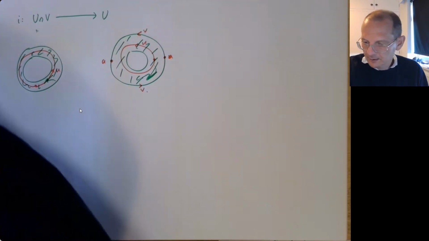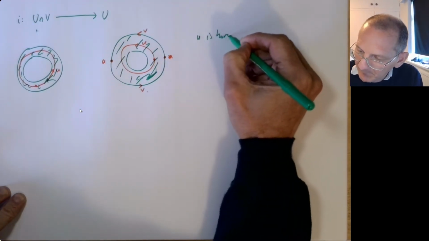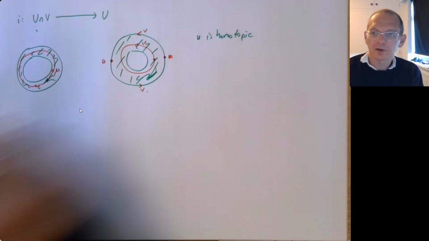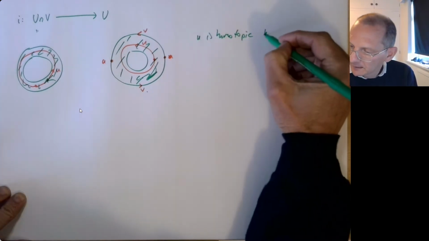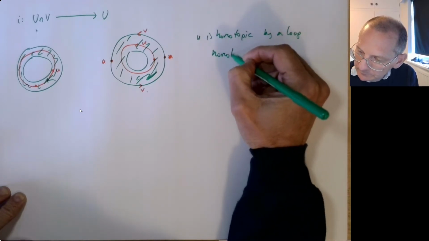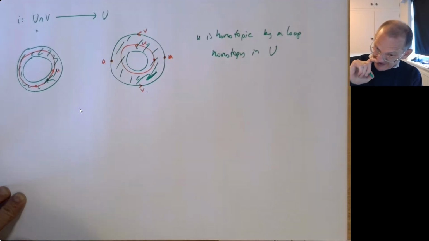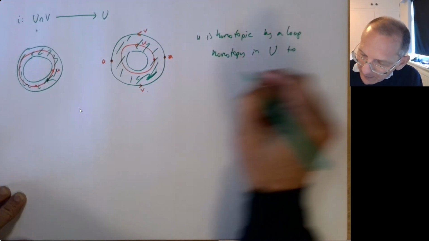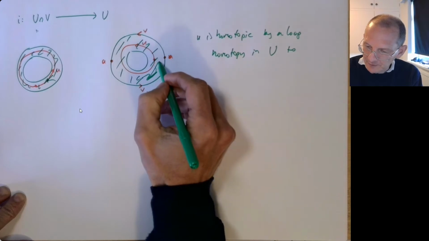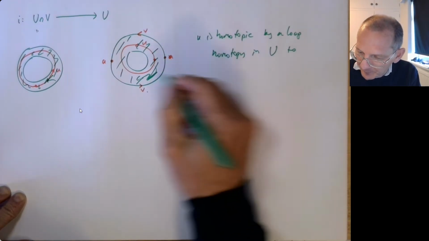So U is homotopic by a loop homotopy in the space U. If you push it outwards onto the edge, it goes around this V and then around this V. And those V's are both the same, because they get glued.